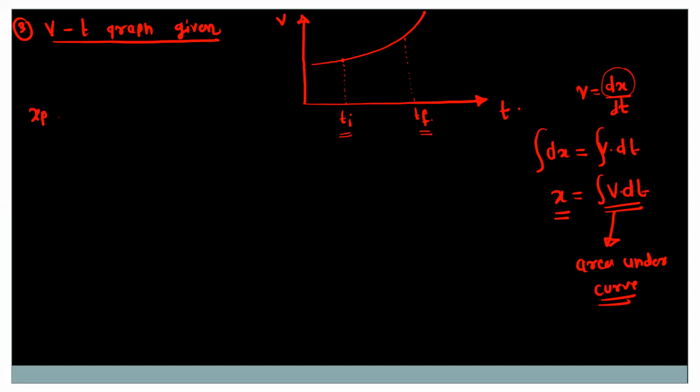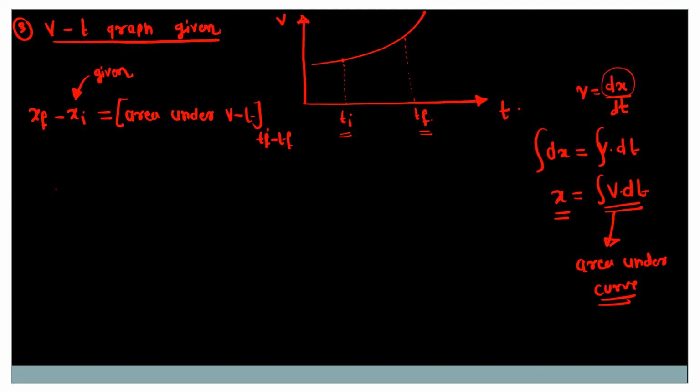So xf minus xi is equal to the area under the velocity time graph between the limits Ti to Tf.